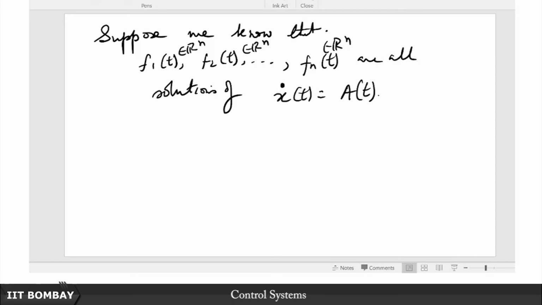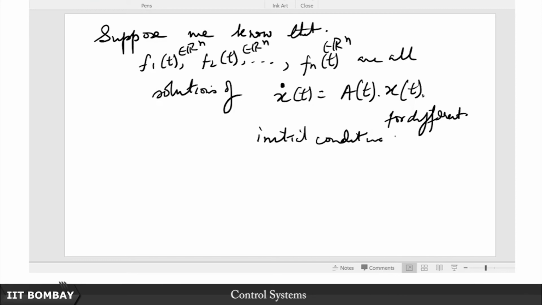First we will look at the homogeneous case, with the initial value and no forcing function, no external input, for different initial conditions at t equal to t0.